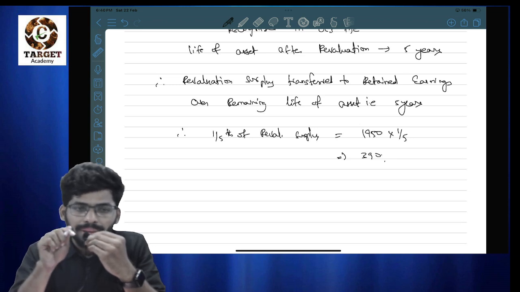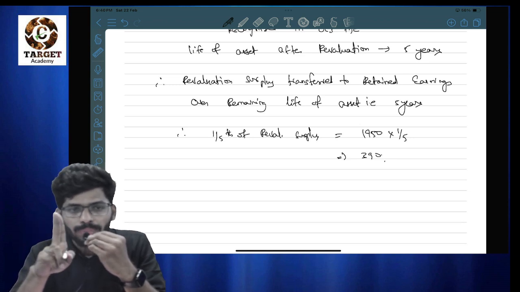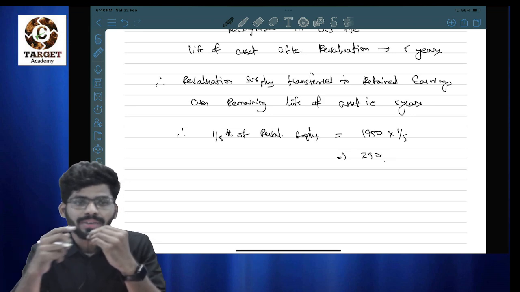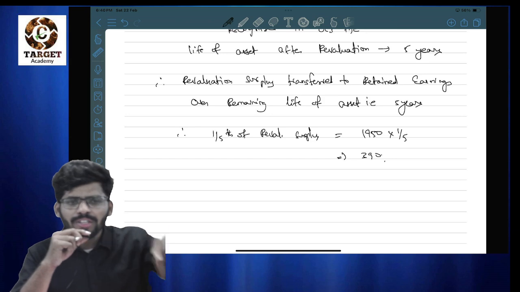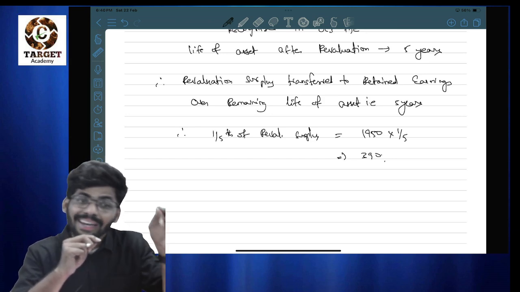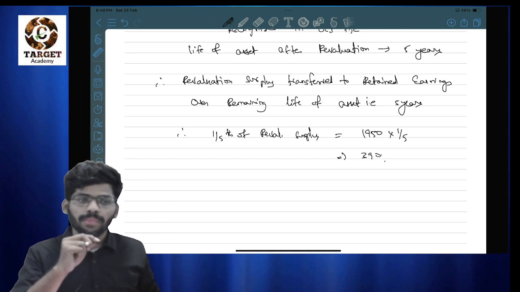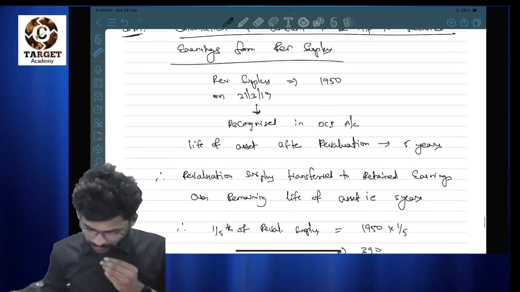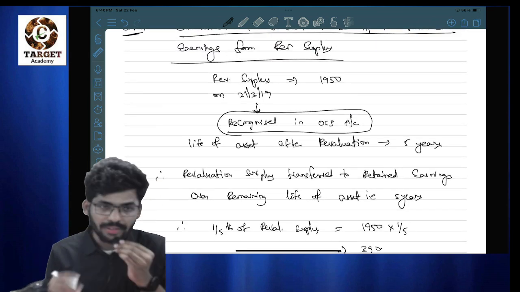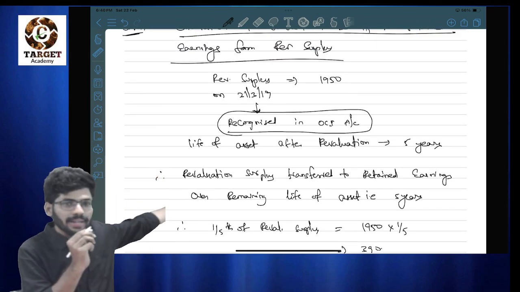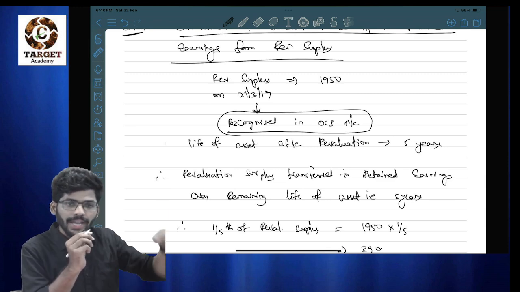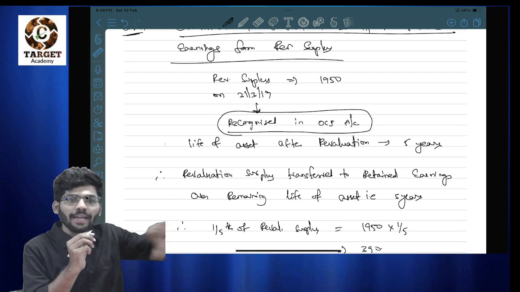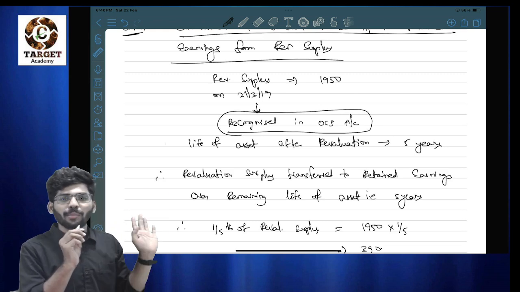OCI means other comprehensive income. Basically we have two types of statements. One is the P&L statement, second one is other comprehensive income. That is also income only, income statement. But unrealized amount should be transferred to OCI. So the revaluation surplus is recognized in OCI, which means we need to show it under OCI only. That is the point.